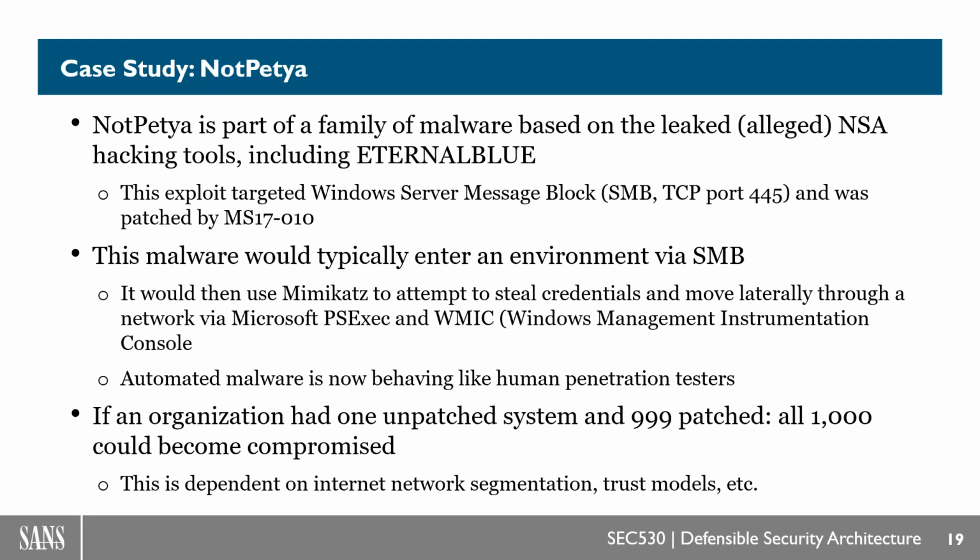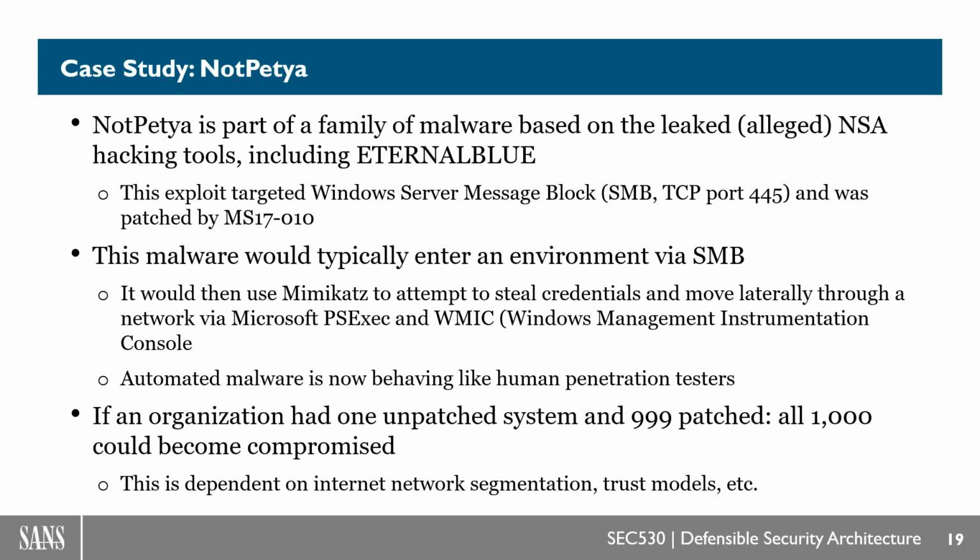Okay? Now, here's what you would typically see with the worm. It would find a system with that vulnerability, it would exploit it, it would infect that system, it would turn, and it would look for other assets also vulnerable to that patch and spread. So, if you had 1,000 systems and 2 of them were not patched, then you would have 200 infected systems. That's not what NotPetya did.